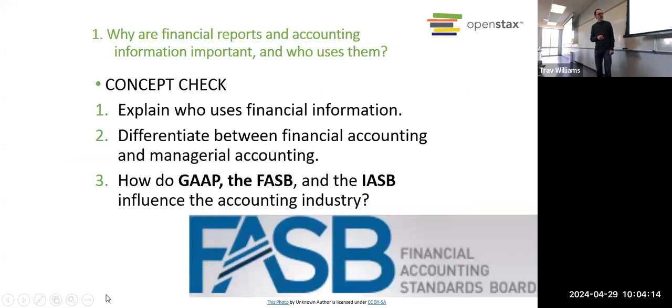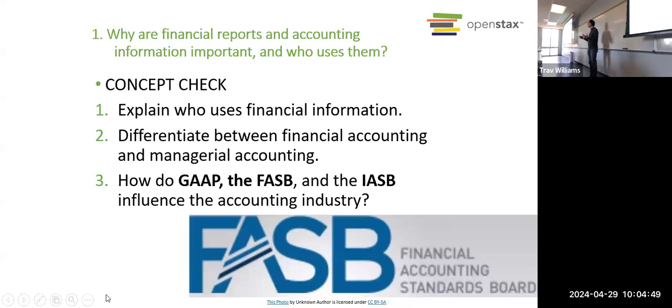So, the rules that I was mentioning are called GAAP. GAAP stands for Generally Accepted Accounting Principles. And most companies in the United States follow GAAP. If your company does a lot of international business, you might be able to follow, it's not up here, IFRS. Those are International Financial Reporting Standards.